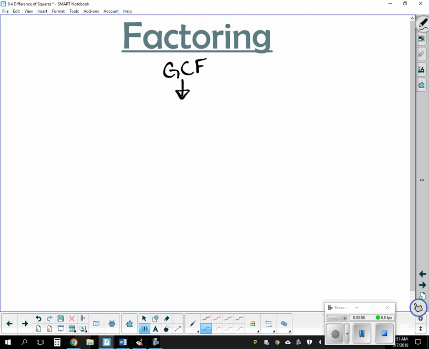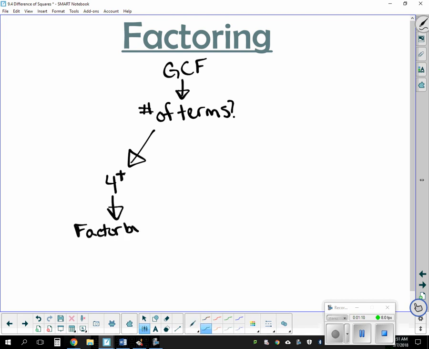Then, after you've factored out, you need to ask yourself, how many terms are there? What is the number of terms that you have in your leftovers? If there are 4 terms or more, 4 plus, then you factor by grouping. And that's what you learned in section 9.2.